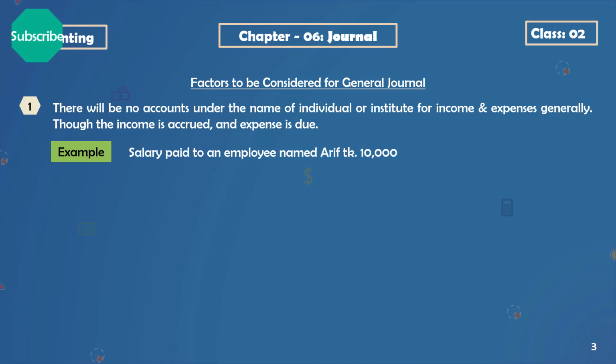Example: salary paid to an employee named Arif, taka 10,000. Here you can see that the employee's name Arif is mentioned with the expense name salary. So according to our formula, we need to record salary, not Arif.